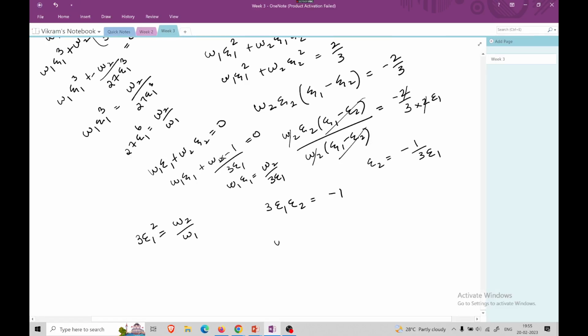So finally, if you solve everything, you will get W1 is equal to W2 is equal to 1. Chi 1 is equal to minus 1 by root 3. Chi 2 is plus 1 by root 3.